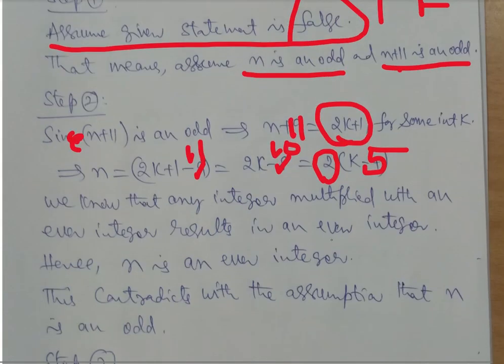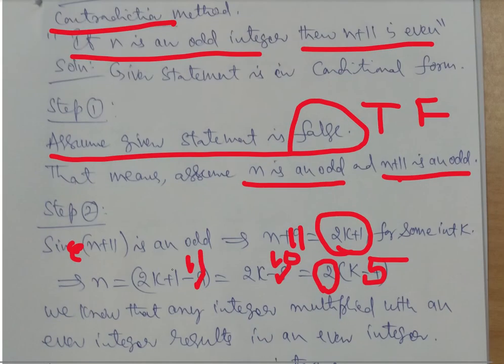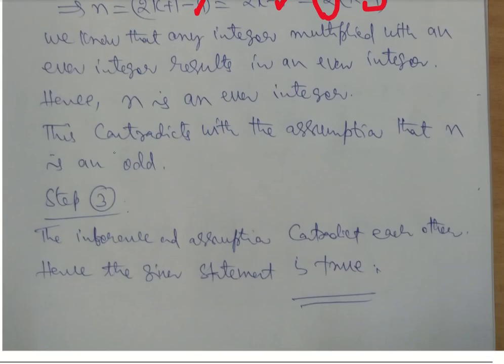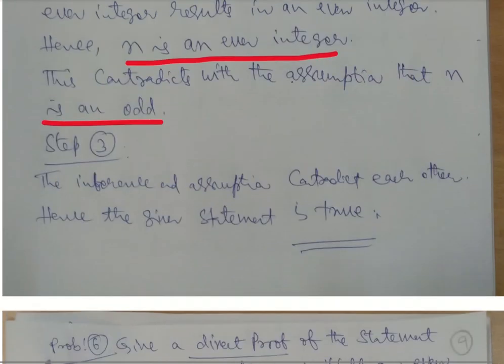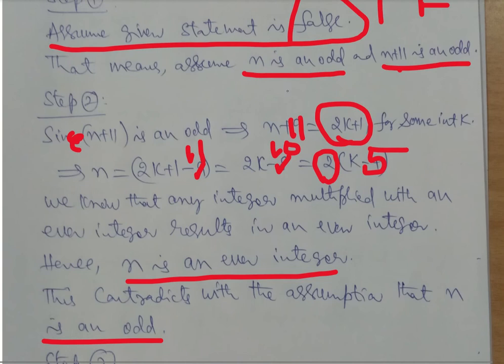So I am assuming n is an odd integer, but what I am proving now is that n is an even integer. What I assumed is odd, what I am proving is even. So I am contradicting my assumption that n is odd. So contradiction is reached here, meaning that my assumption that n plus 11 is odd is not valid.